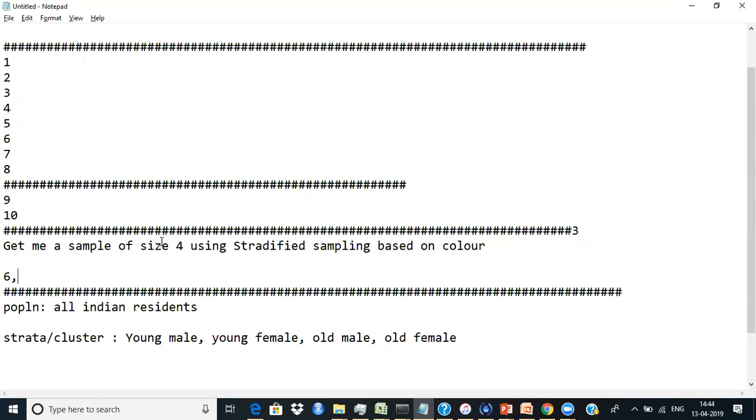So we take 8 and 2, right? So we are taking the ratio 7 and 3 now. How many balls are we going to select? Calculate what is 70% of 4. 2.8, right? So how can we select 2.8 balls?